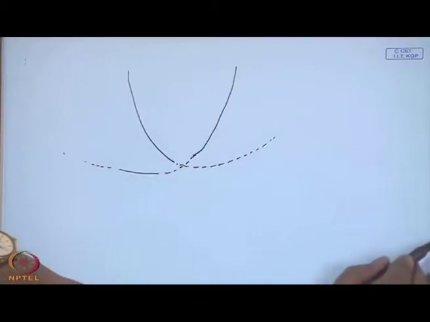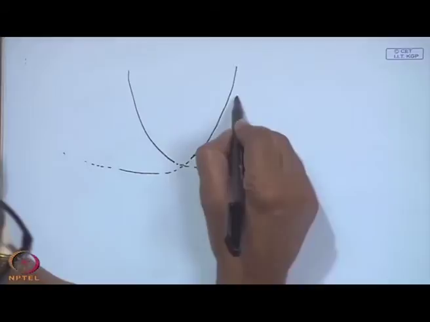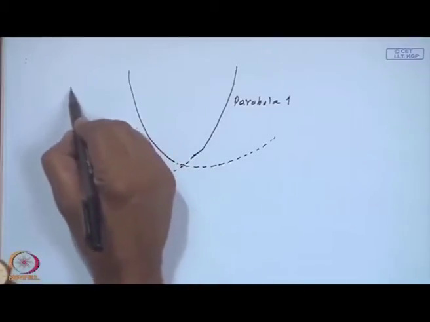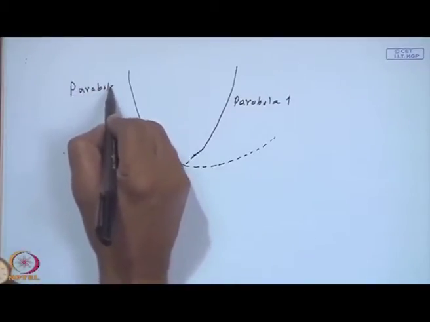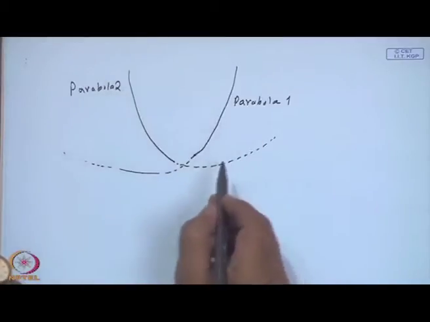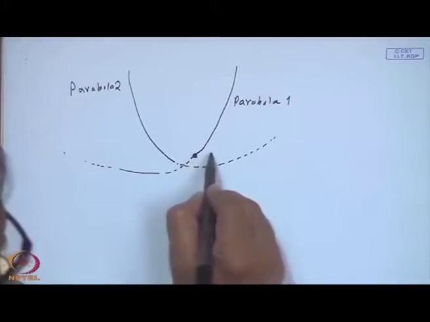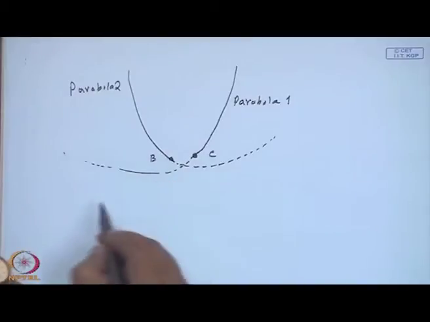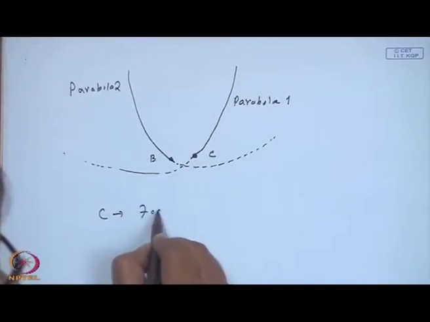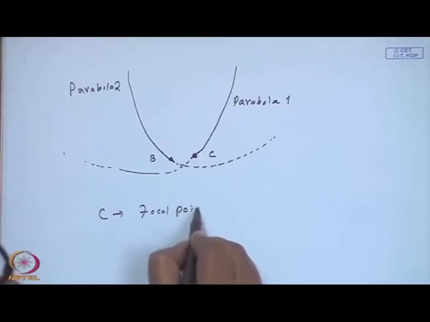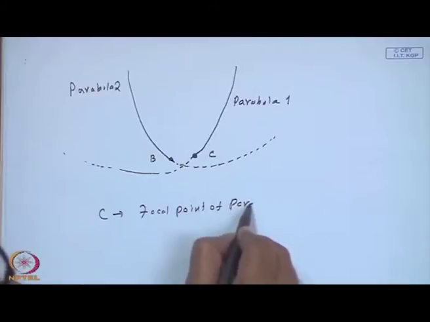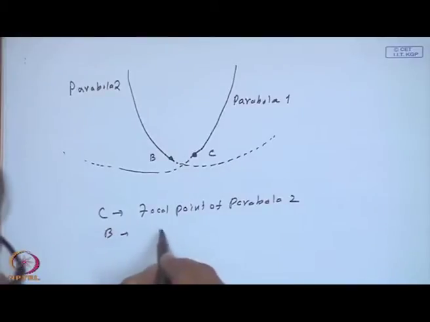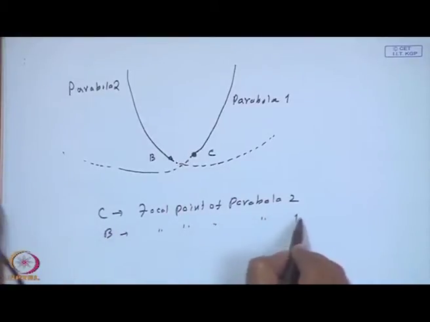This will be continuing like this. So, if this is parabola 1 and this is parabola 2, or this point over here which I will call C and this one B. C is the focal point of parabola 2 and B is the focal point of parabola 1.